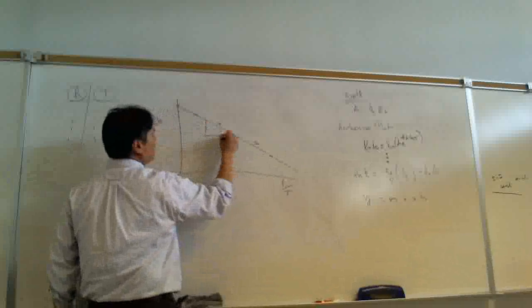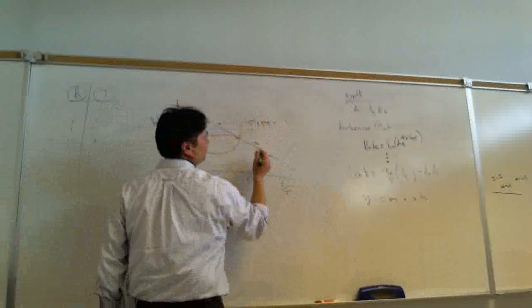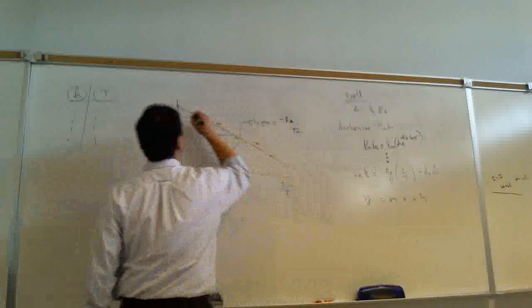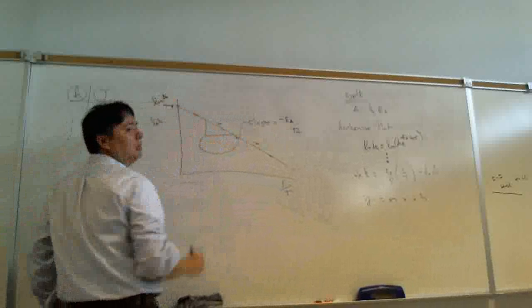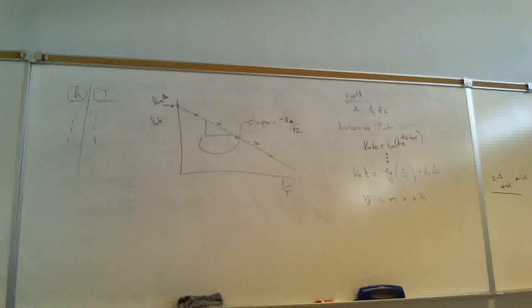The slope of this is equal to what? The slope is minus EA over R, and the intercept is ln of A. And so from the slope and the intercept, we can calculate EA and A.